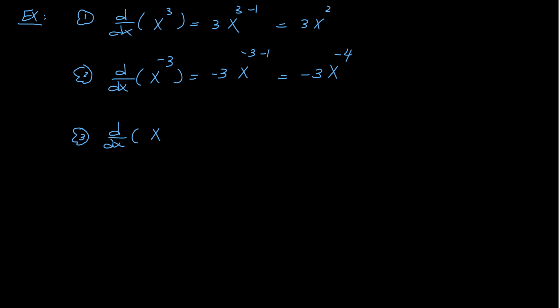The derivative of x to the power 1.7. This 1.7 is a constant. We bring it down, then we subtract 1. The answer is 1.7 x to the power 0.7.